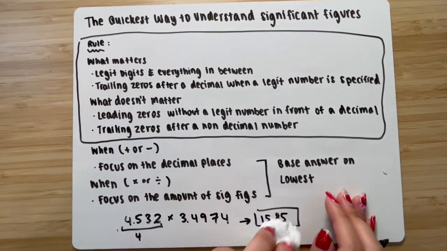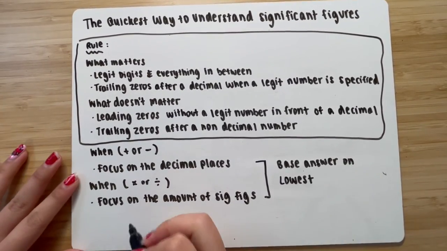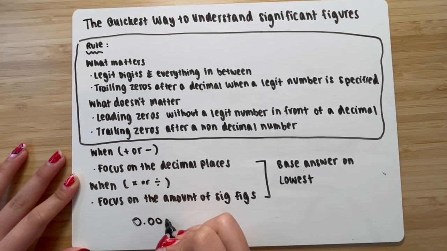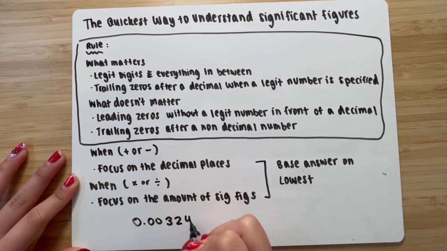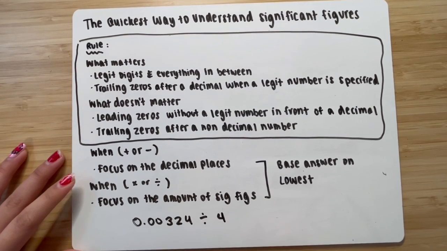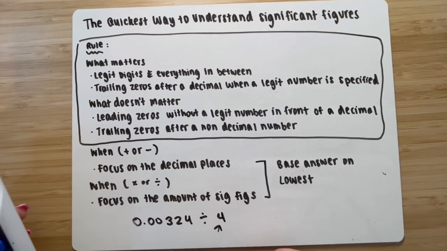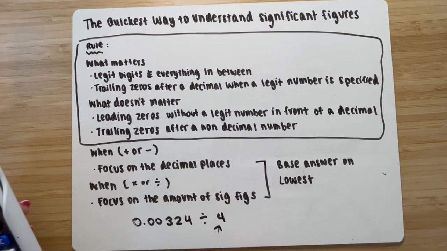Okay, now let's say we have a more complicated number, 0.00324 divided by 4. How are we going to figure out the sig figs in here? Well, the least amount of sig figs out of these two is 4, because there's only one sig fig, so we're going to base it on 1.